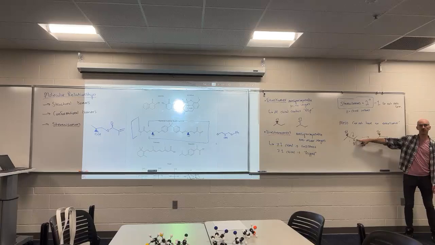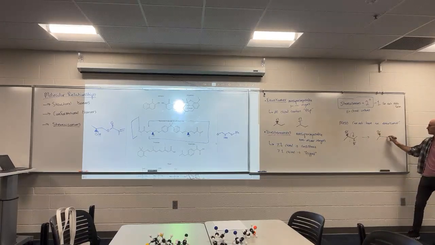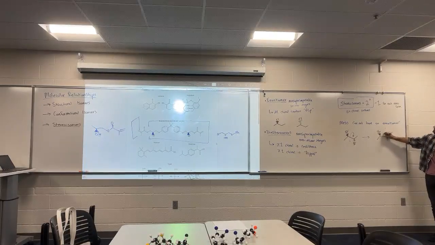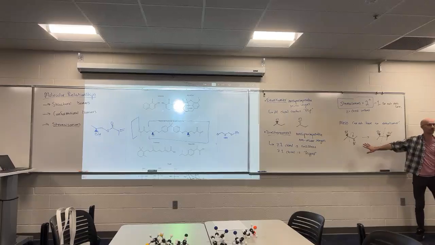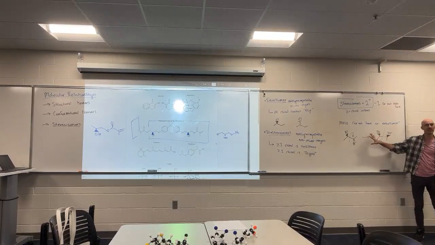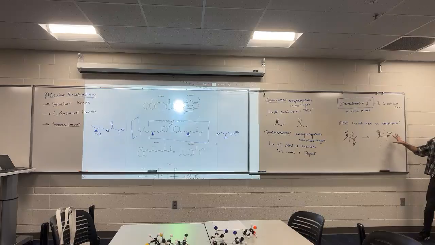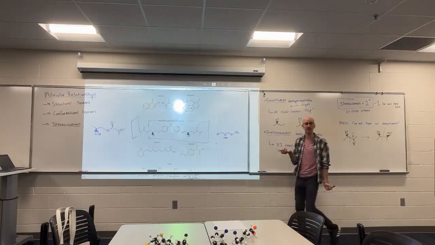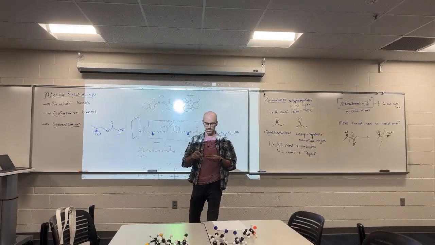This carbon is rotating, so its stereochemistry rotates with it. It doesn't appear to have a plane of symmetry in this conformation, but it is a meso compound. Remember, it only needs to have a plane of symmetry in one conformation.